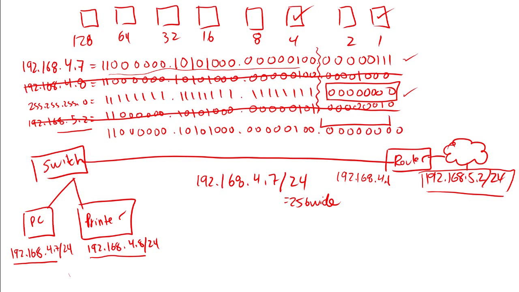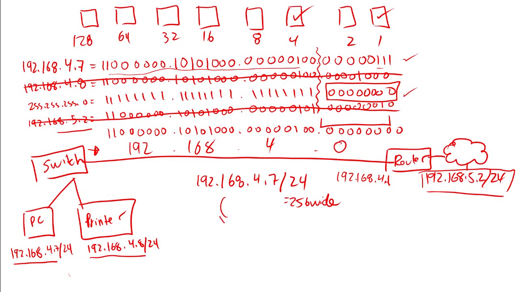So we ignored all these 1s here. And then we convert this back to decimal. So it's pretty obvious what this number is, and this number, and this number, because we did a bunch of them. So this is 192.168.4, with the row of zeros being 0.